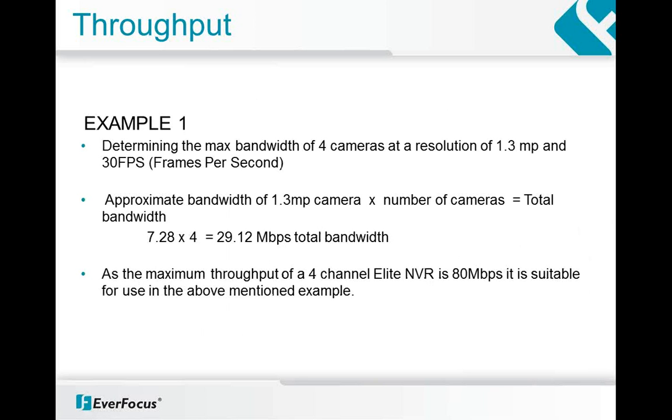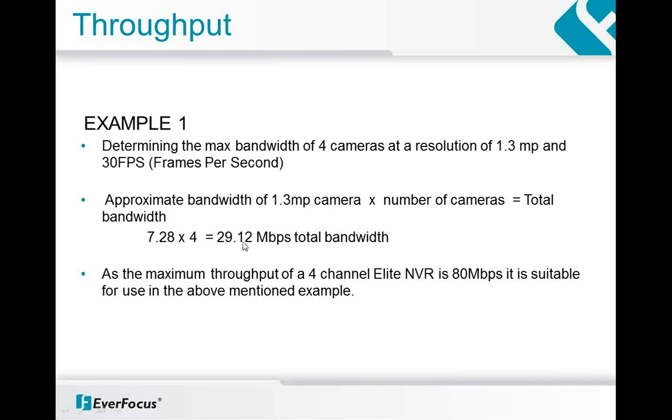So here's example 1. Example 1 would be determining the max bandwidth of 4 cameras at a resolution of 1.3 megapixel at 30 frames per second. So here's the math. If you're using the chart that I just showed you, you would take 1.3 megapixels at 30 frames per second, which is 7.28, times 4 cameras.